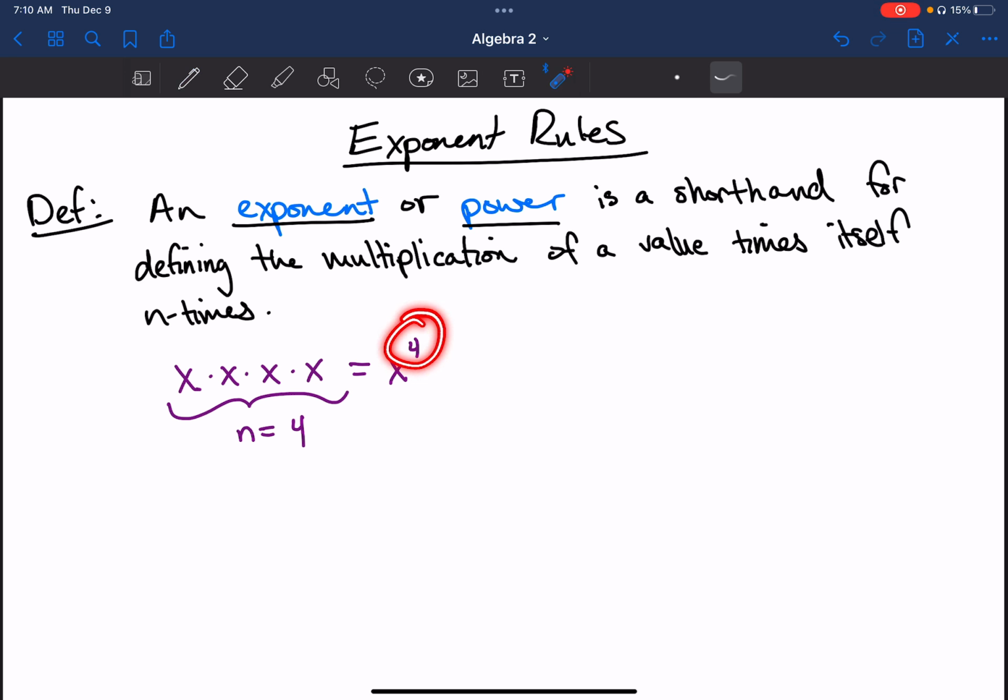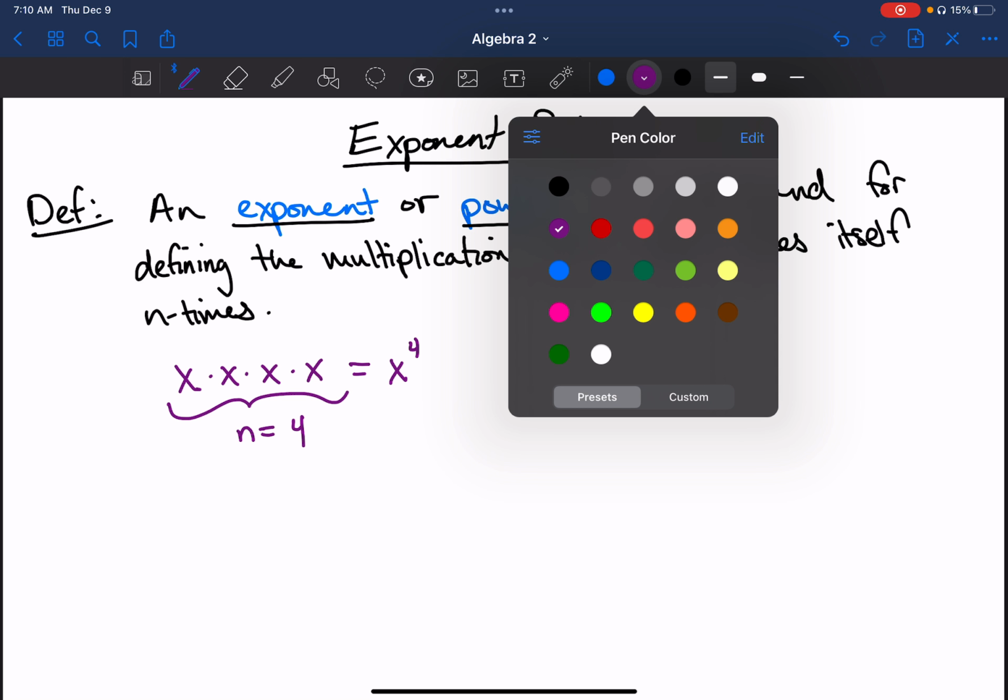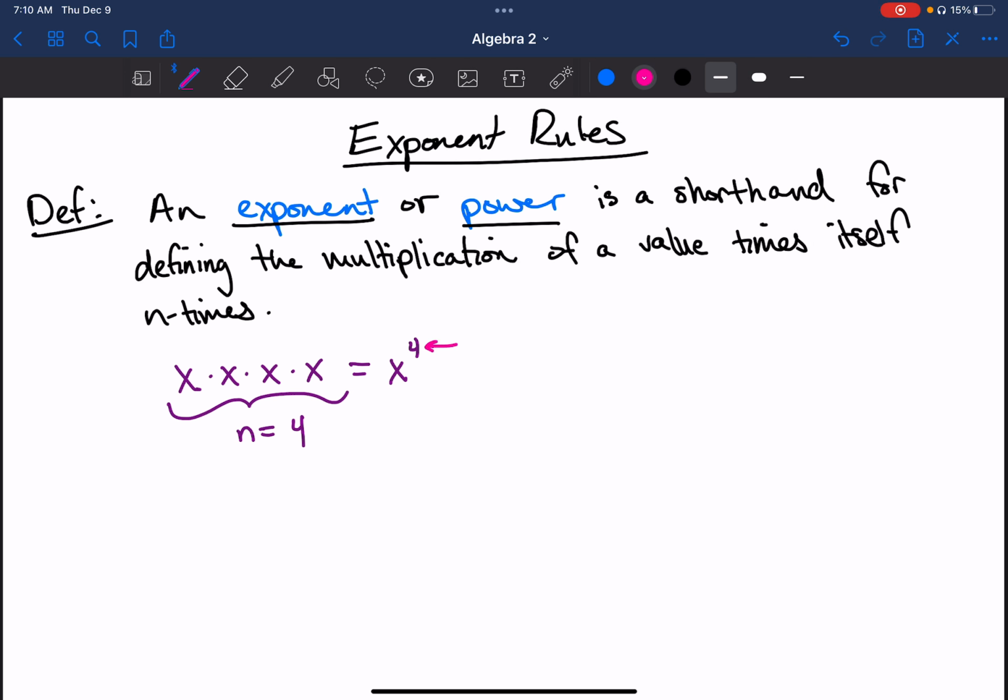We do this little superscript. It's above the script line. So this is a superscript because it's not touching this baseline that we use for writing. So let's do a little annotating here. This is our exponent or power.